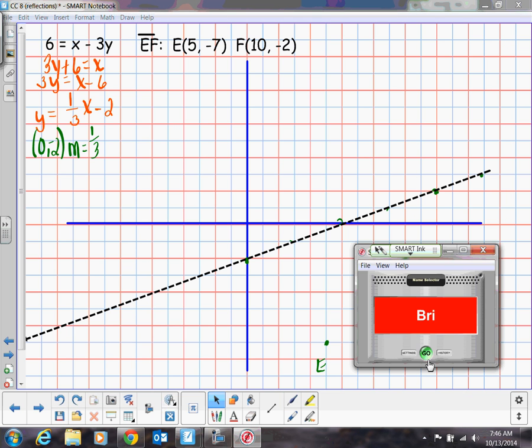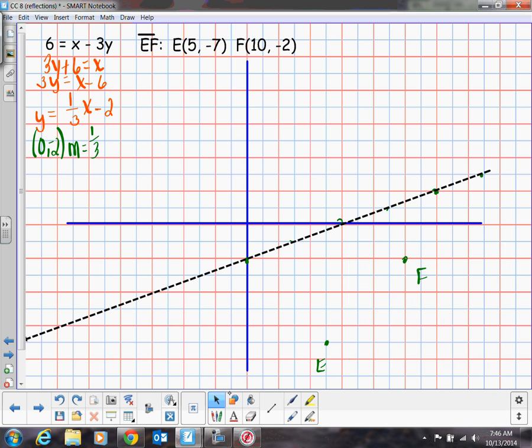Once I get my figure plotted, what am I going to do from here? Kayla? I need a perpendicular slope, and what is that perpendicular slope? Negative 3 over 1. So from here, what do I need to do?